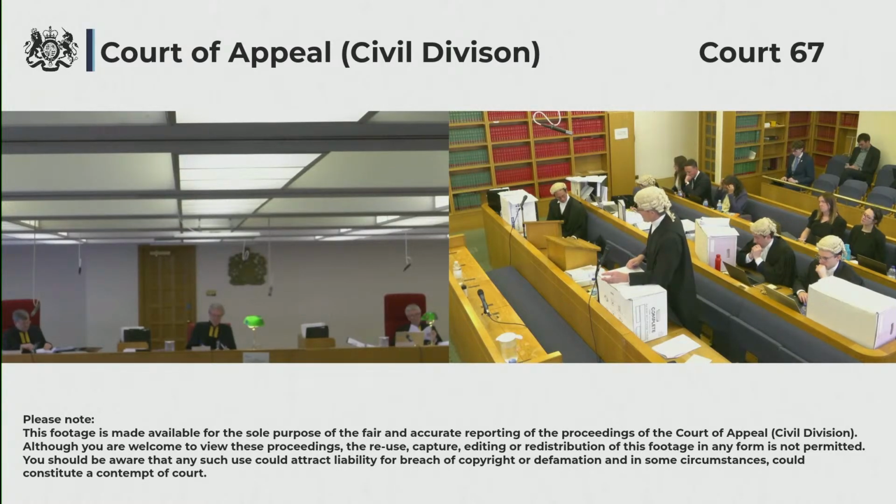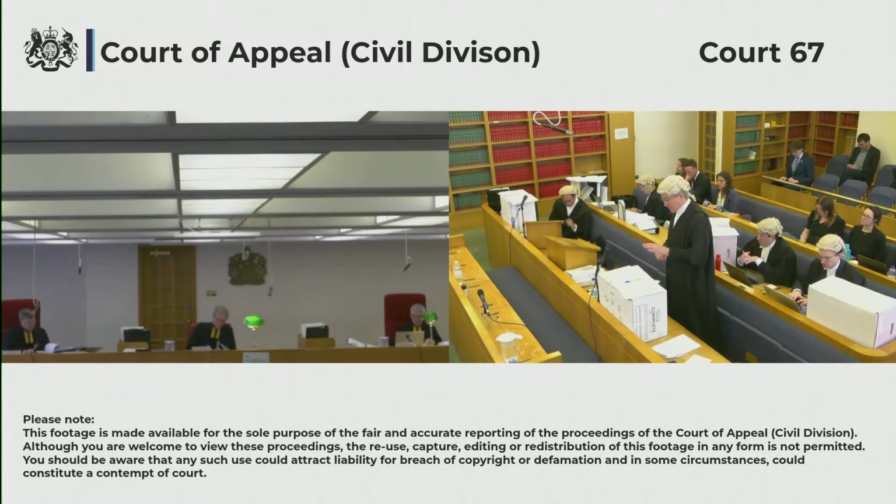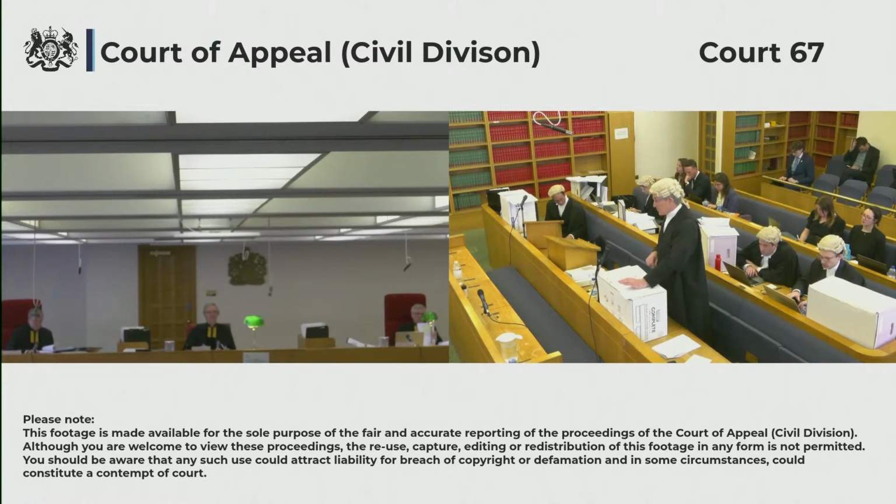The defendants raised here also a respondents' notice, which places before the court a point that the judge didn't have a discretion to exercise in the first place. We say that the jurisdiction under Rule 17.44 can only arise if there was an extant application to amend at the time of the order.